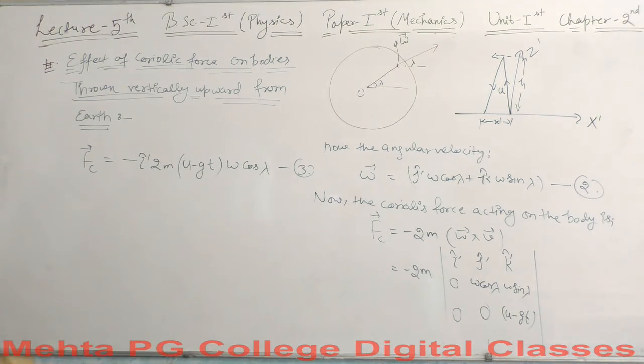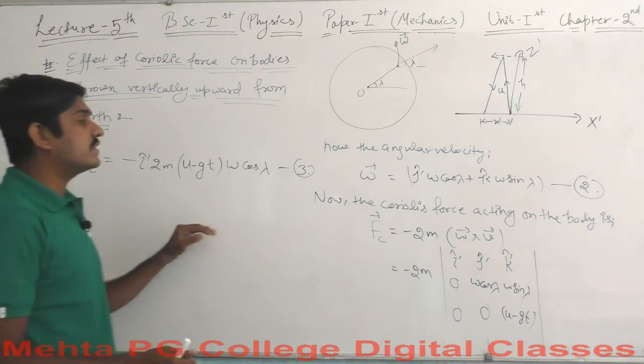So let's talk about the values by this equation 3. What we will have here is the displacement of the body due to Coriolis force. This is the Coriolis force. So what did we get from equation 3?